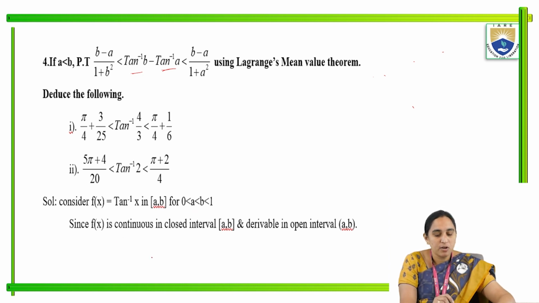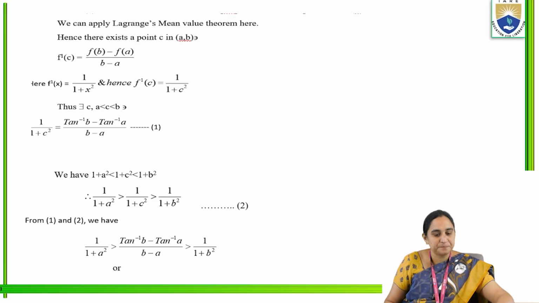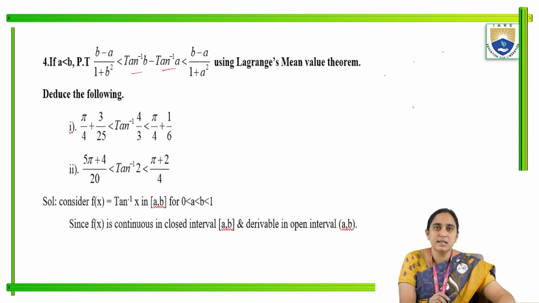Here we have to prove first f of x is continuous in the closed interval and derivable in the open interval a comma b. Here it is tan inverse x. Already we discussed in the previous one, as a property, if the function is differentiable, then definitely it is continuous.